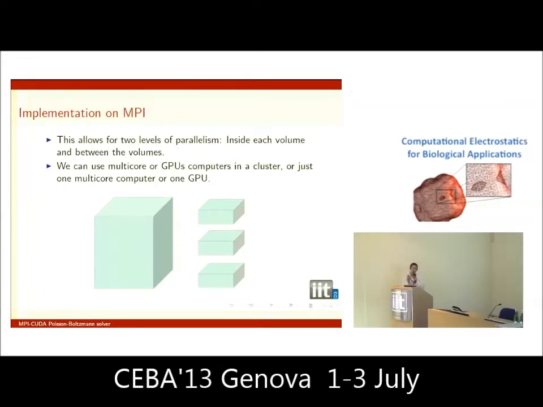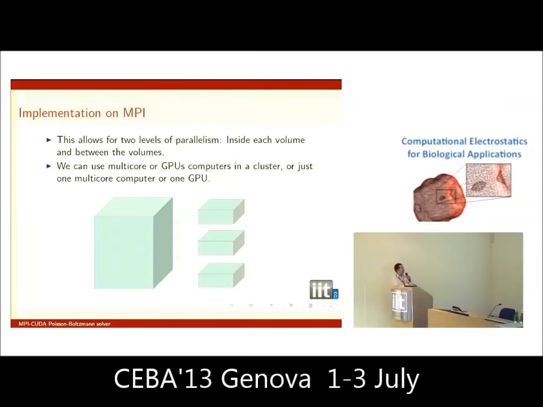Nevertheless, since what we wanted to do, from a software engineering perspective, was to use different paradigms, CUDA, MPI, etc., together, we wanted to have each parallelization paradigm work alone by itself.